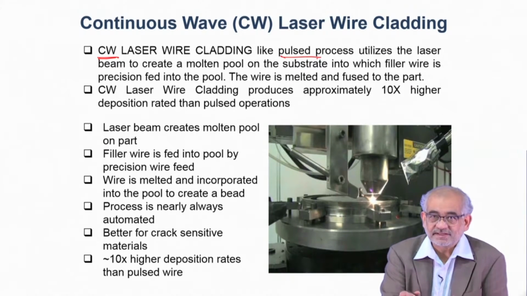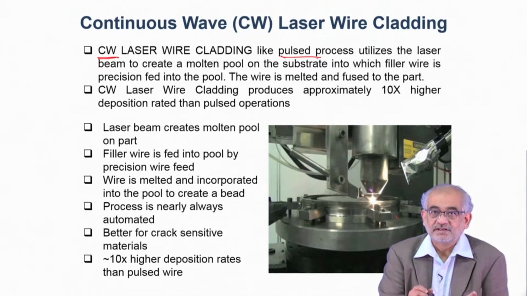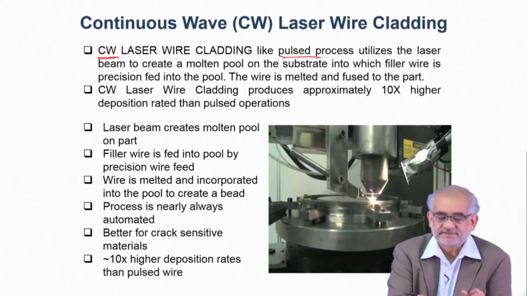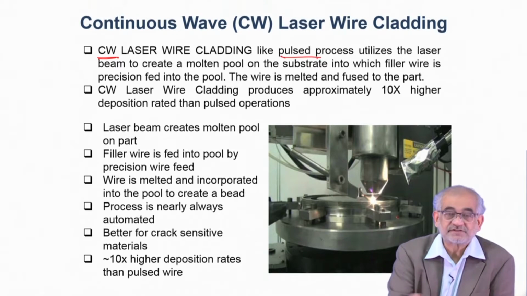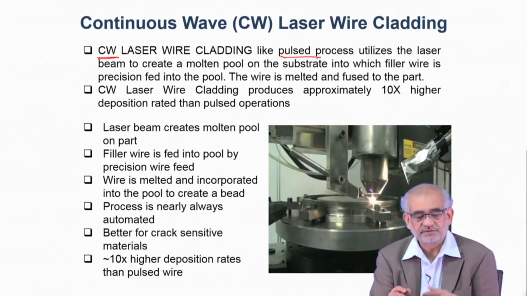That unnecessarily wastes some energy and moreover creates certain non-uniformity, which we don't want. So we use a continuous wave laser where a certain level of power density is applied onto the surface and the beam either moves or the substrate moves away from the beam, so there is a relative motion between the two.